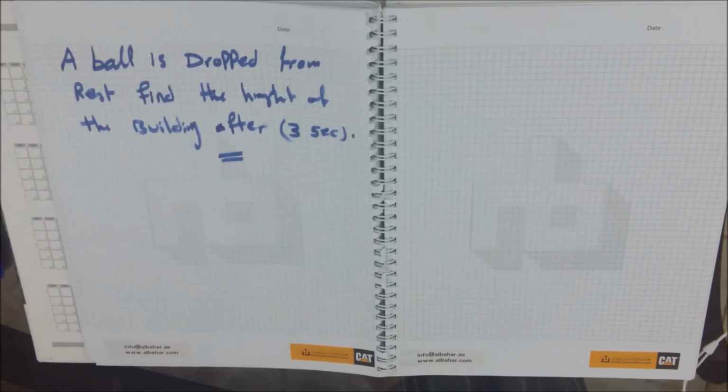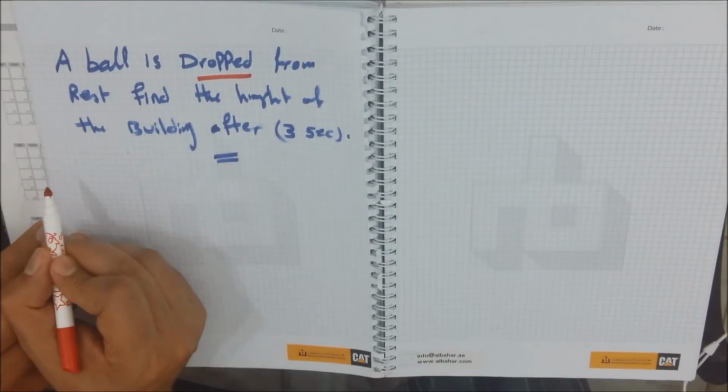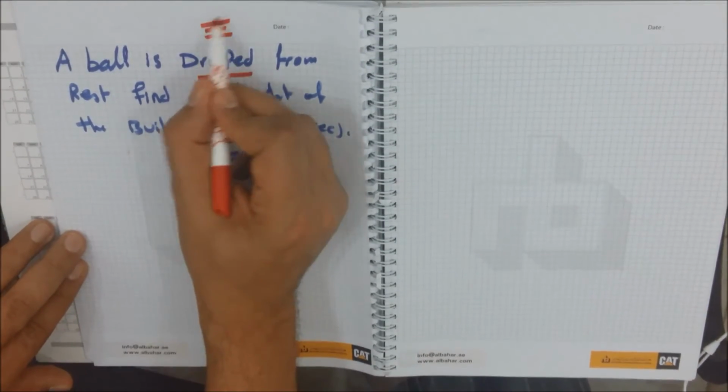As you can see, there is only one given. But if you look carefully, you will find that there are many givens, and the first given would be dropped. This means it's a free fall motion, so you need to use the 4 kinematic equations.